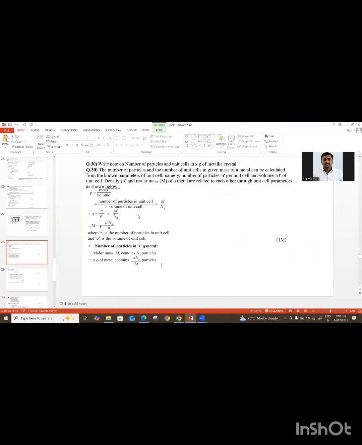Next one, write a note on the number of particles in a unit cell, x grams of metallic crystal. This derivation is in your textbook in the solid state chapter. So density of substance is mass upon volume.